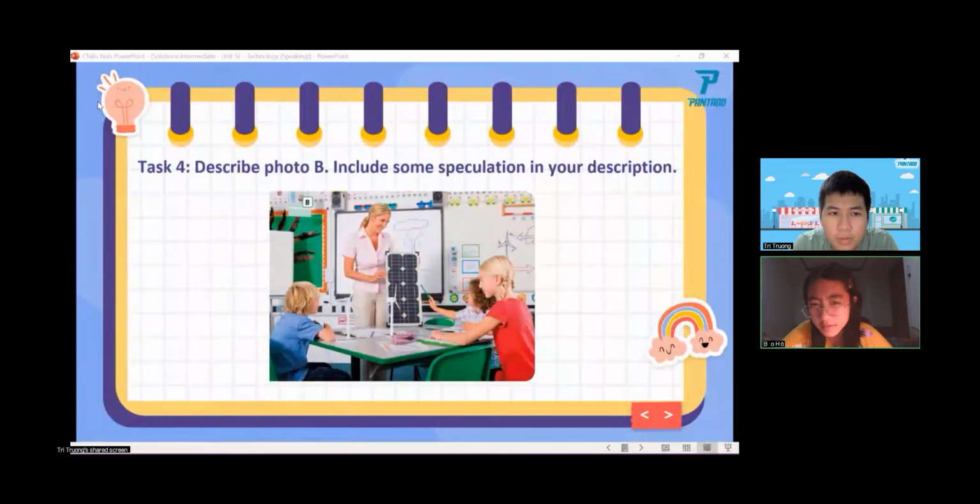A girl with curly hair is asking something about solar panels. Okay. And how about the background? What school level are they in now? Maybe primary, secondary, or high school? It is secondary.